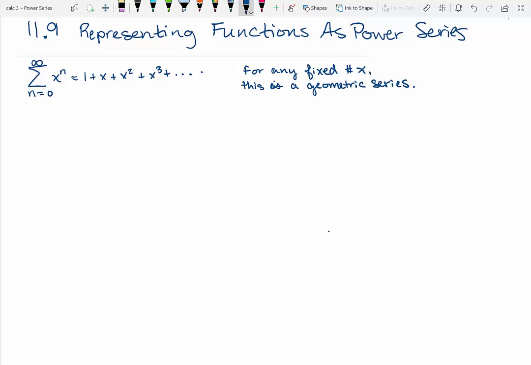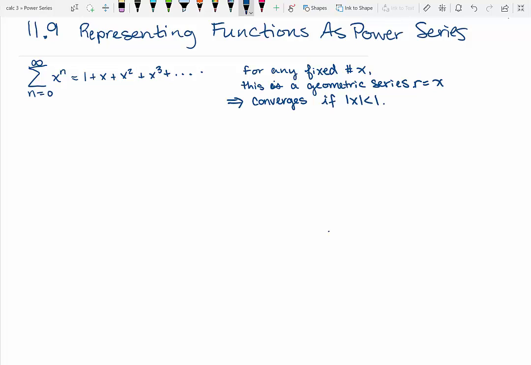Well, if it's a geometric series, we know exactly when it converges. We know geometric series converge when the ratio, which in this case would be x, has absolute value less than 1. Based upon that, we also know what it converges to.